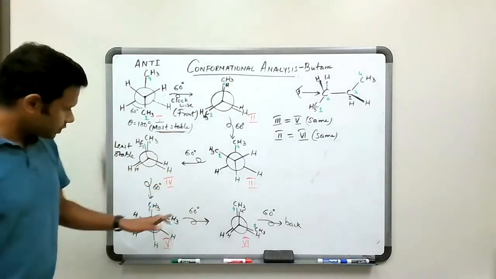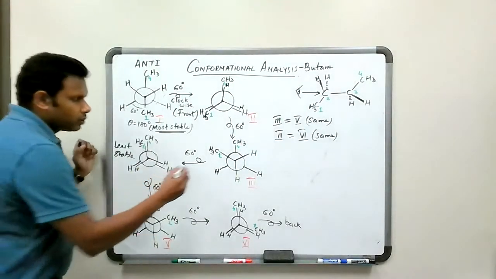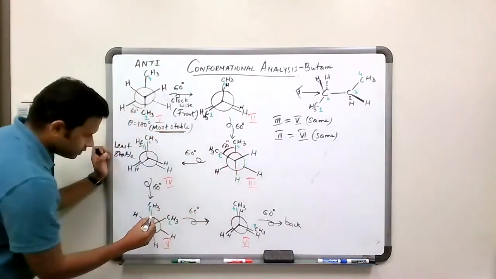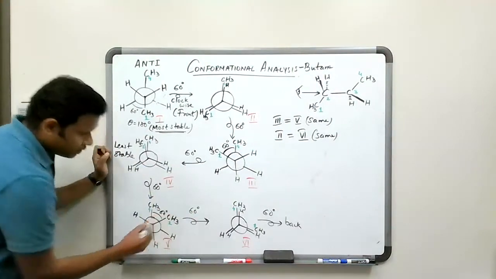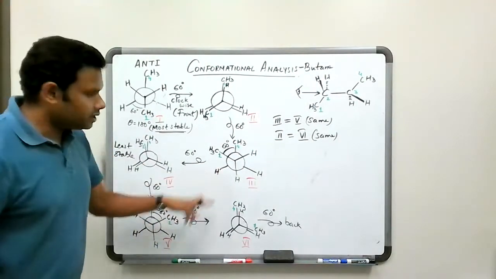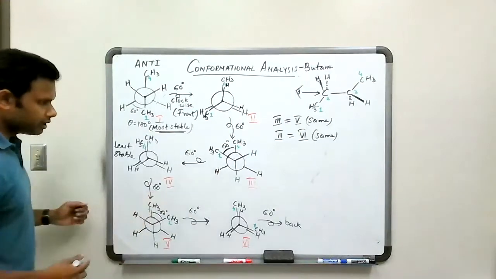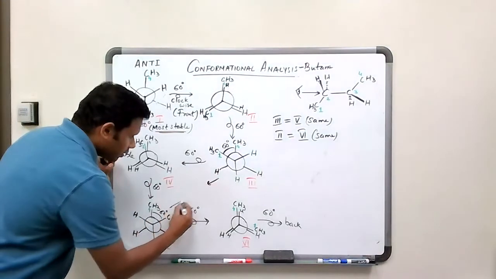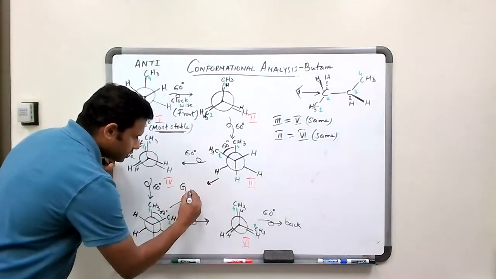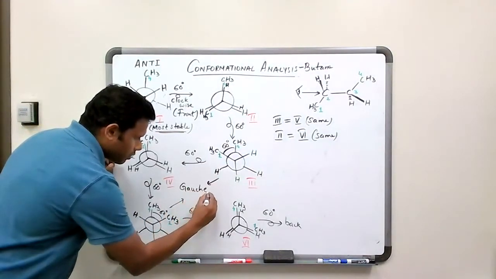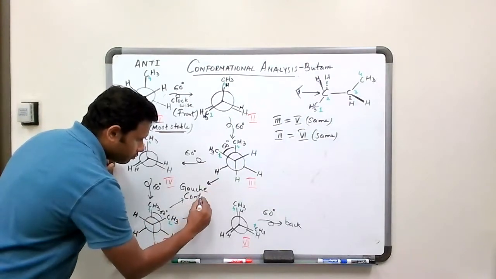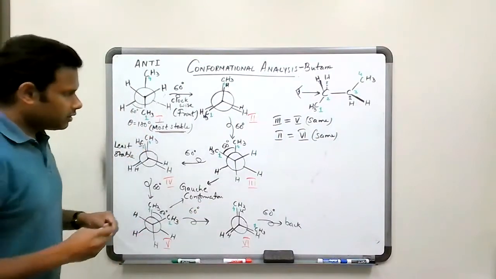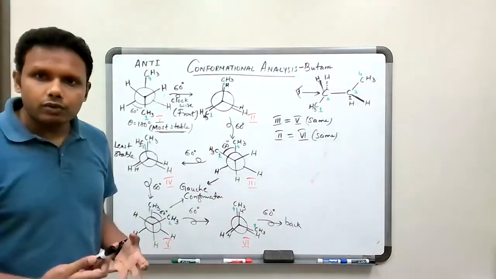When you look at structures 3 and 4, notice how there is a dihedral angle of 60 degrees between the two biggest groups on the front carbon and the back carbon. So these conformations have a special name. These are called Gauche conformations. And this interaction is called a Gauche interaction.